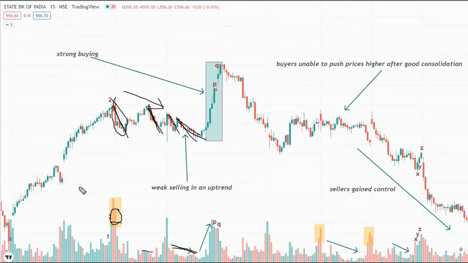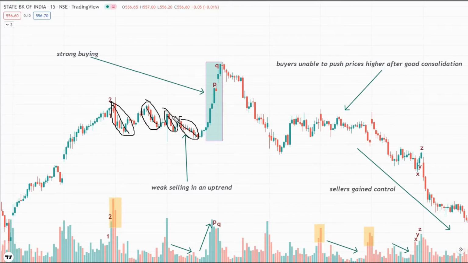downtrend. Remember, overall we were in a very, very strong uptrend, but in this mini downtrend, or the retracement leg of this upward momentum, sellers are losing momentum, and also the angle of descent is getting lower. The angle was earlier very steep, now the angle of descent is getting lower.